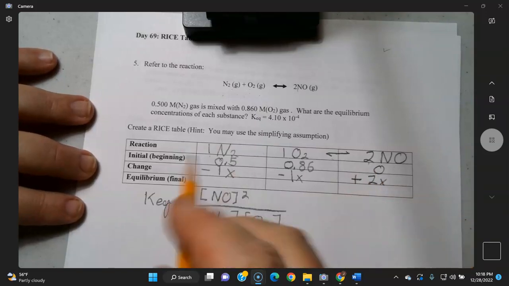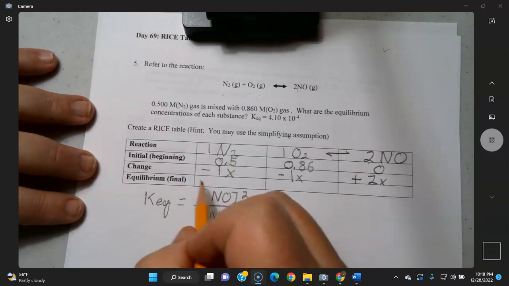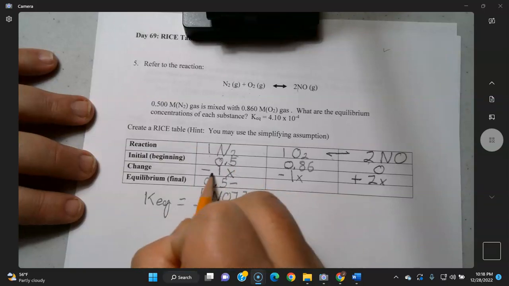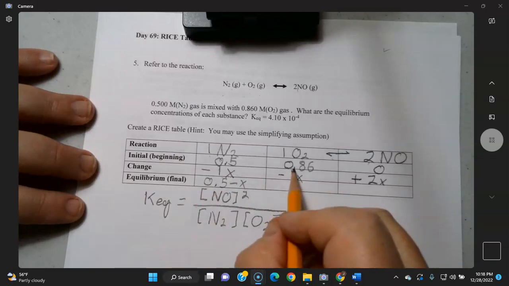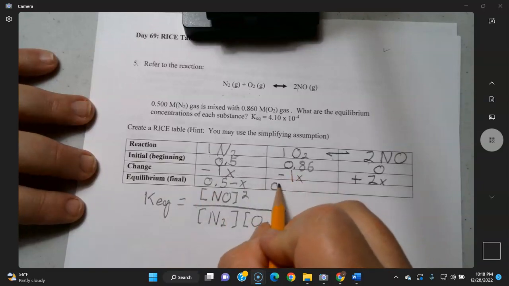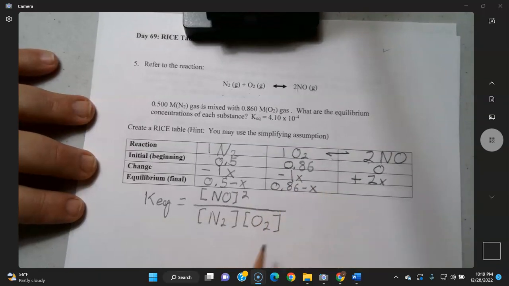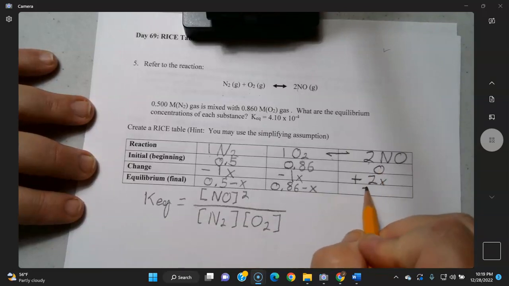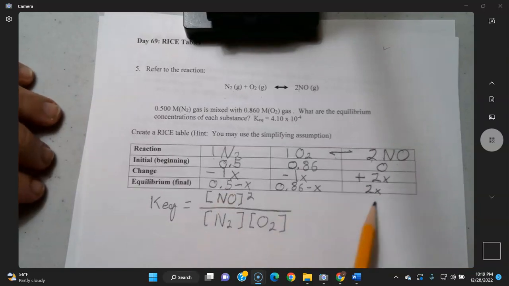All right, so now the equilibrium is simply the initial minus the change here. And I'll drop the 1 in front of the x to put x. Over here, it's 0.86 minus x. And here it's 0 plus 2x. Okay, so there you go. So those are your algebraic expressions.